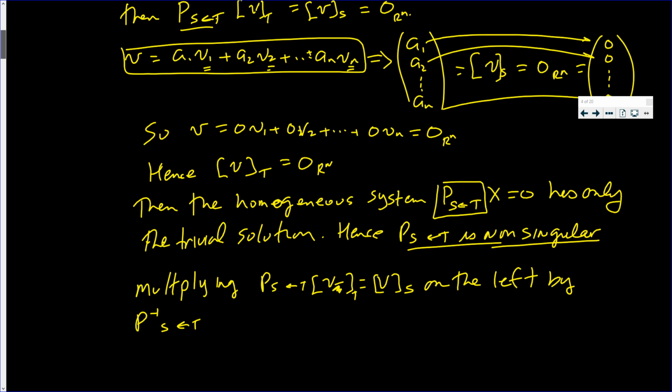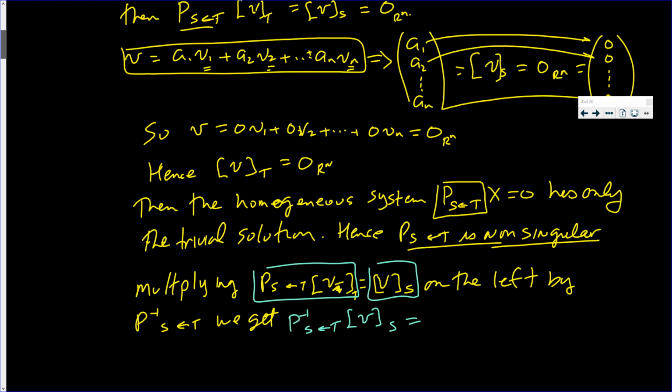The inverse of the transition matrix from T to S. When we do that to this side, we get P inverse from T to S of the coordinate vector v in set S. And when we do it to the other side, the P is going to cancel out. We just get v_T, the coordinate of vector v in the T basis.